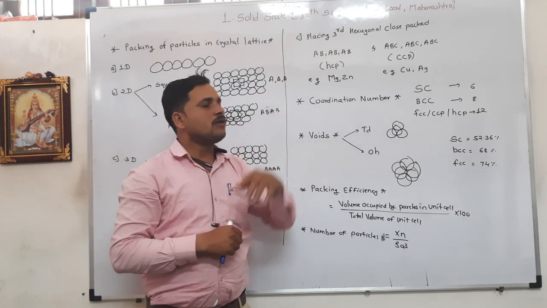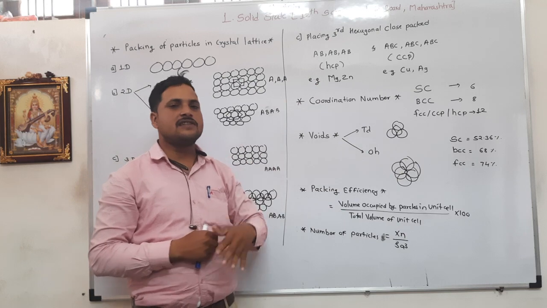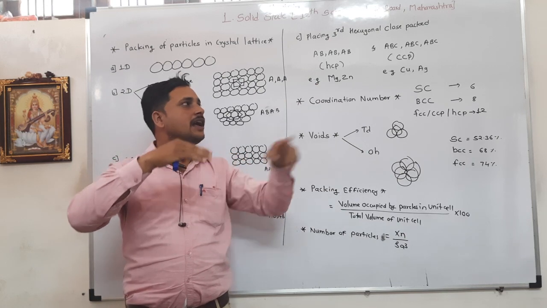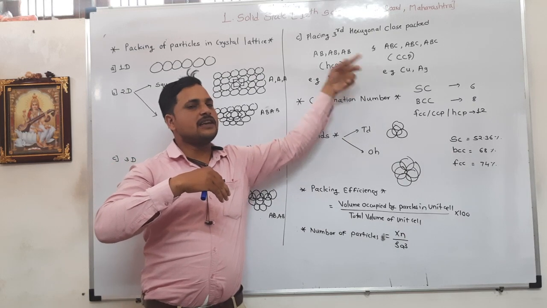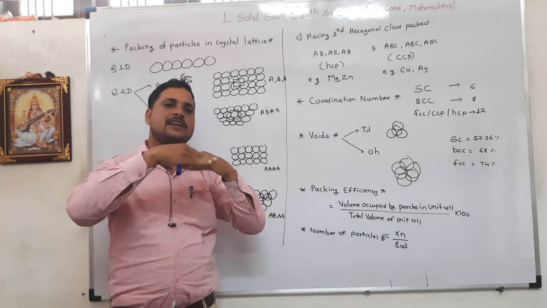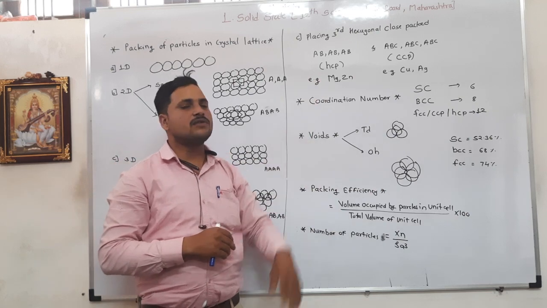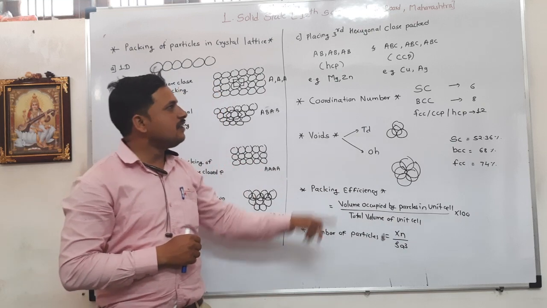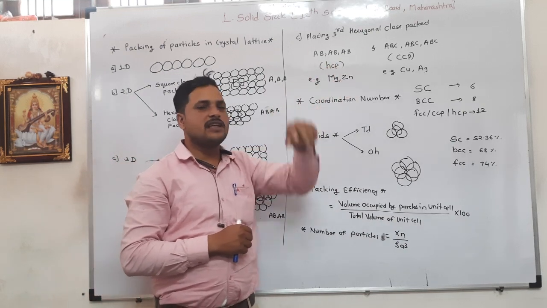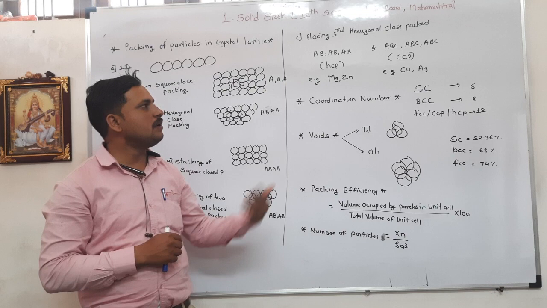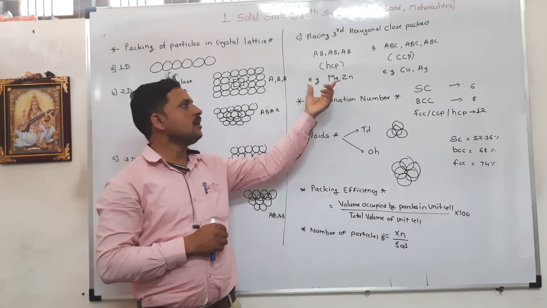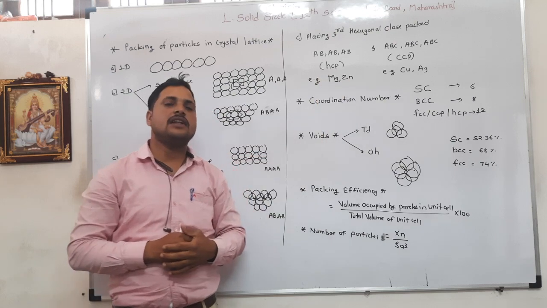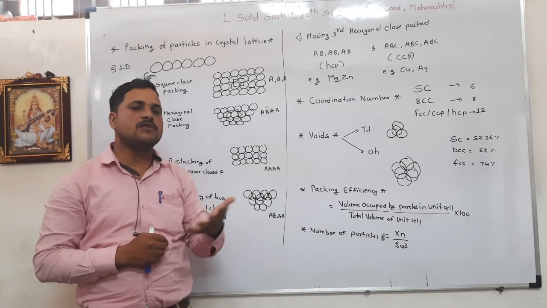In placing the third hexagonal close pack layer, in the first case, first and second layers are different, and in the second case, the first, second, and third layers are all different. Means it is a two-layer pattern and it is a three-layer pattern. Hence it is known as ABAB and it is known as ABC packing.